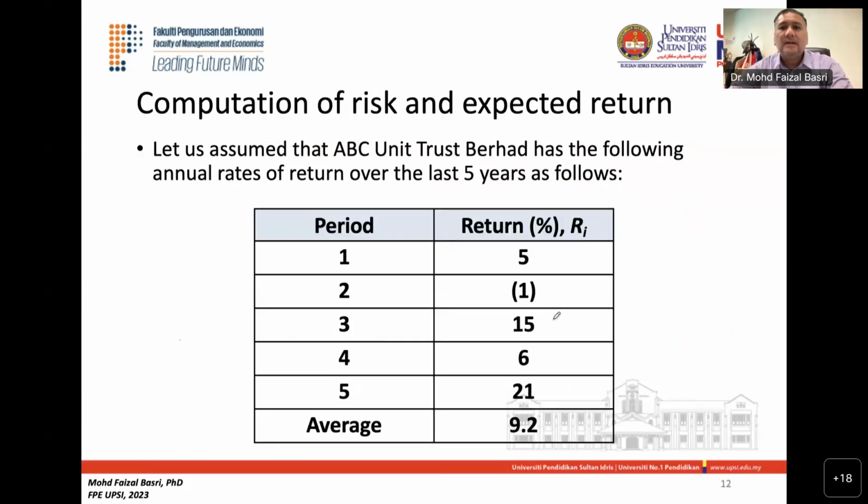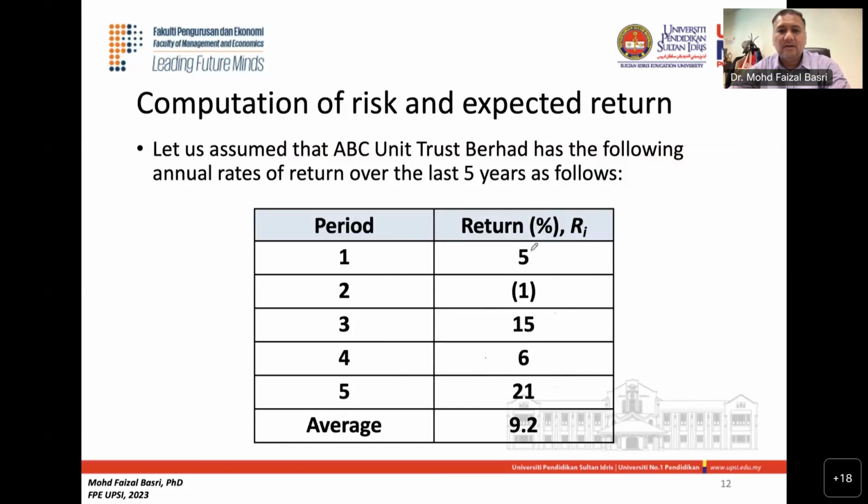So the higher the CV, similarly, the riskier is our investment. So let's assume that this is a unit trust investment, and it gives us these returns. Year 1, 5%, year 2, -1%, year 3, 15%, year 4, 6%, and year 5 is 21%, with the average of 9.2%.